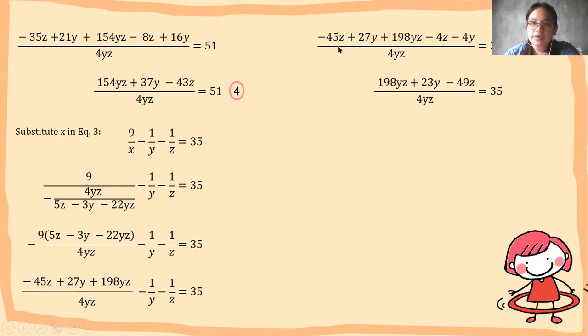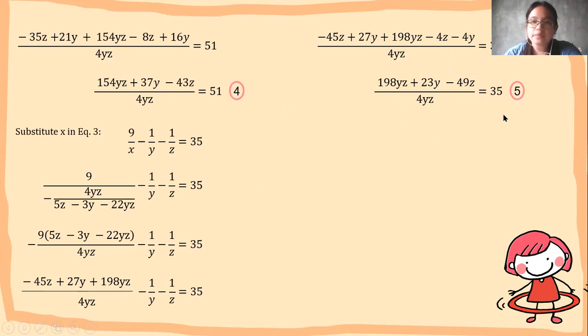Then negative 45z plus negative 4z, we have negative 49z, over 4yz, is equal to 35. So this will be our equation number 5. So we are able to find equation number 4 and 5.